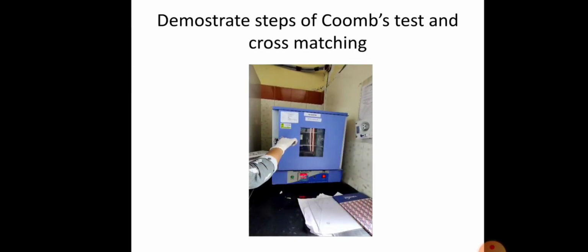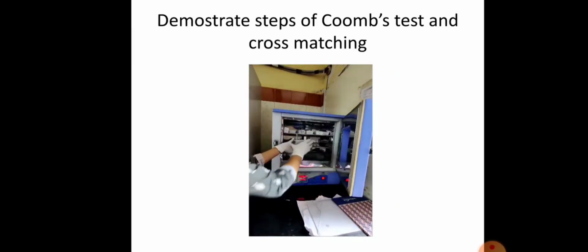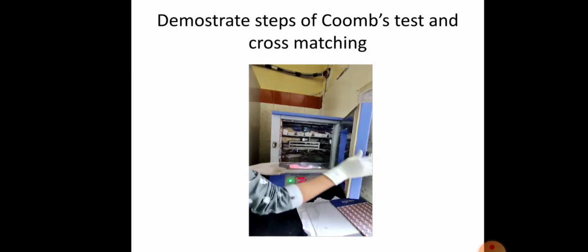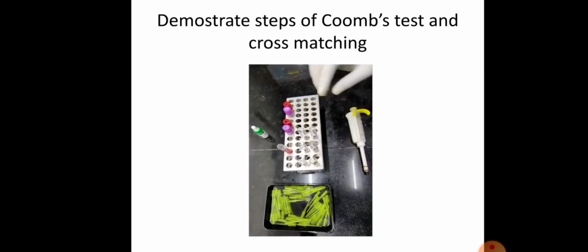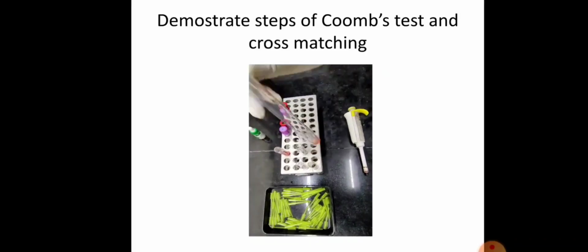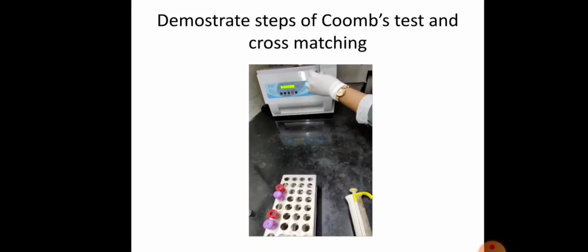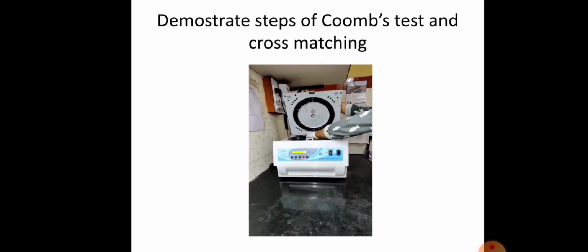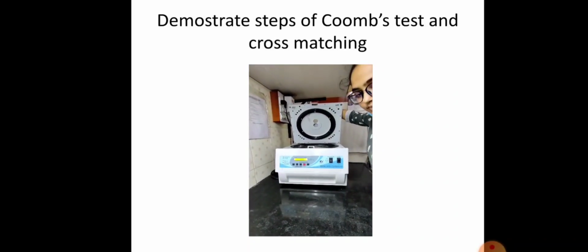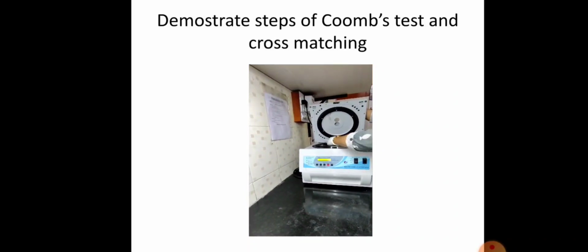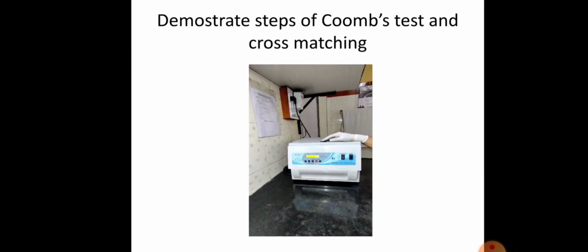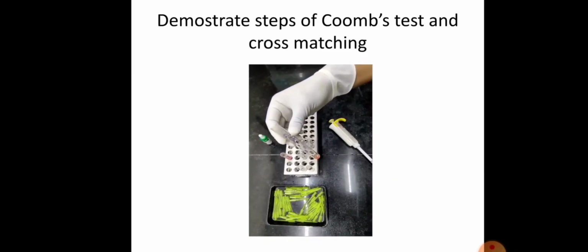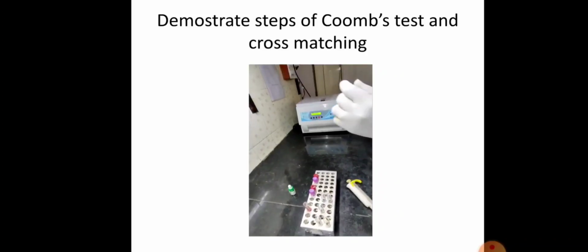Incubate the test tube for 45 minutes at 37 degrees Celsius. After removing the test tube from the incubator, centrifuge it at 1000 rpm for 1 minute. After removing it from the centrifuge, immediately look for agglutination.